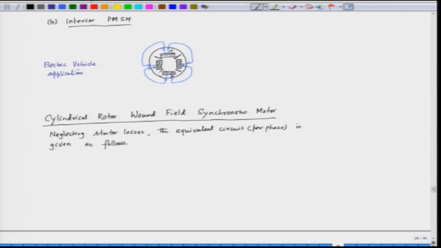So, what is this equivalent circuit per phase? We have neglected the stator losses. So, we have reactance in the stator, which is called the synchronous reactance, and then we have induced EMF, and this is the equivalent circuit.